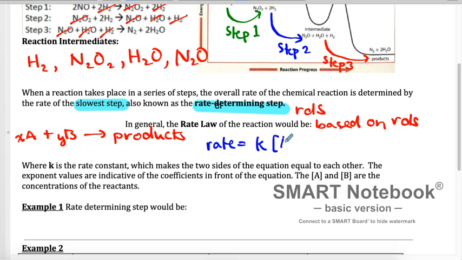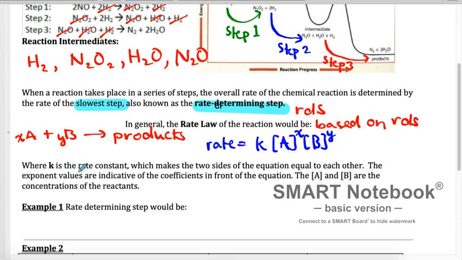So concentration of A multiplied by the concentration of B. But we need to acknowledge those coefficients. Those coefficients become their respective exponents. So if you had a 2 for A, it would be A squared. So in general, we have the concentration of A to the exponent of X, whatever that coefficient is, and then Y as our exponent for our concentration of reactant B.